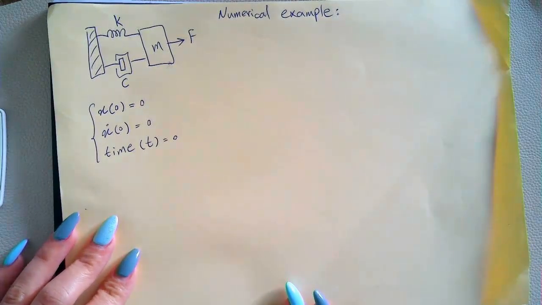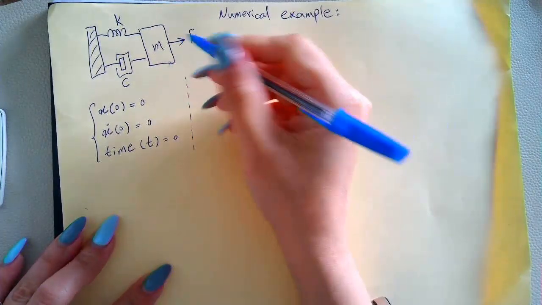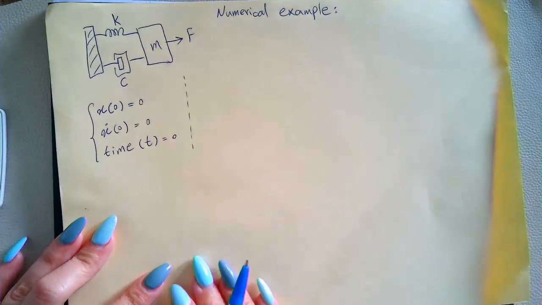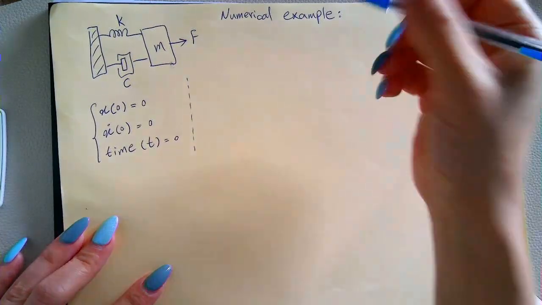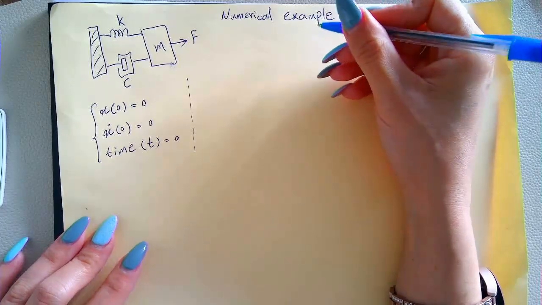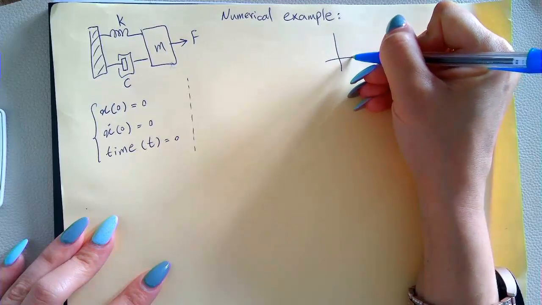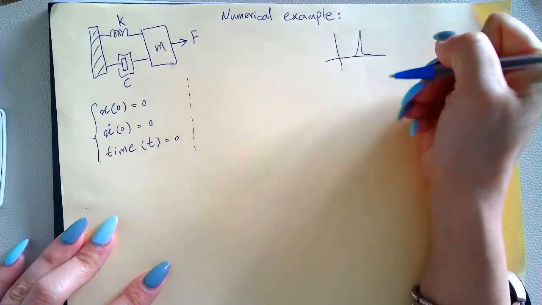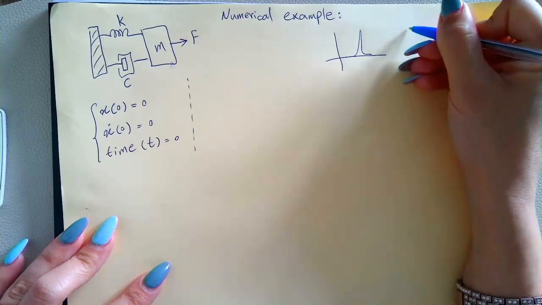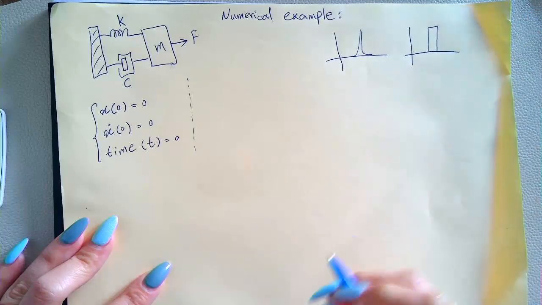And then the next assumption is that we have force in a certain form. We looked at some signal types and input types. If you remember from the lecture, we looked at impulse, or a wider version, a pulse.